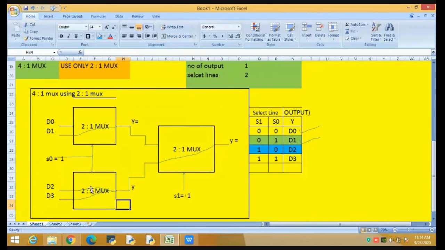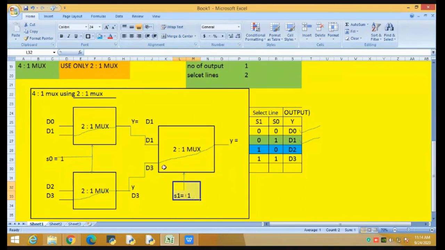The first line is removed, because S1, S0 equal to 1. So D1 comes here and D3 comes here.